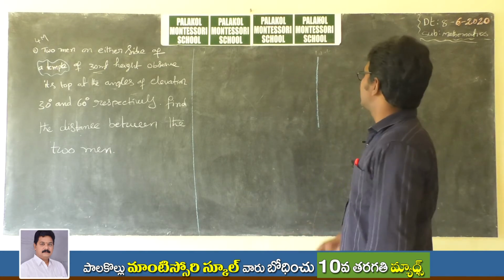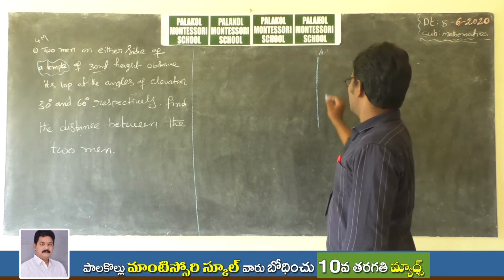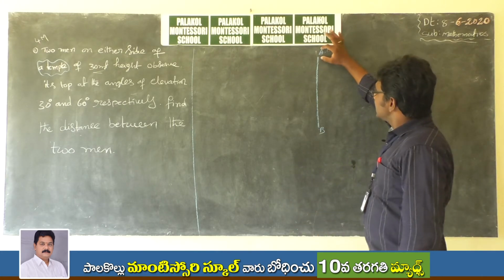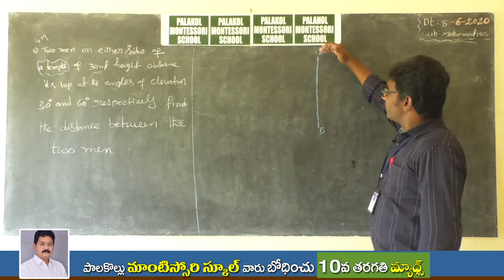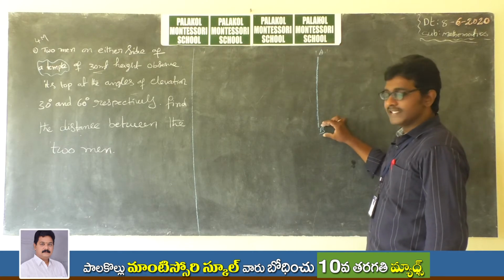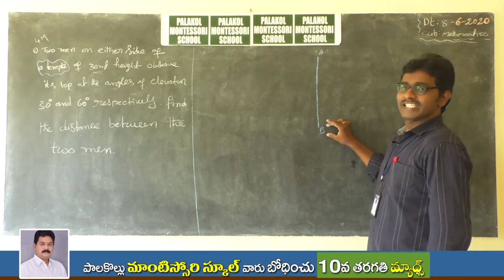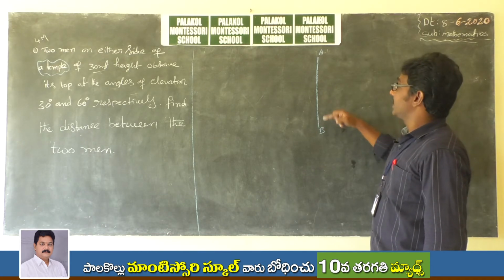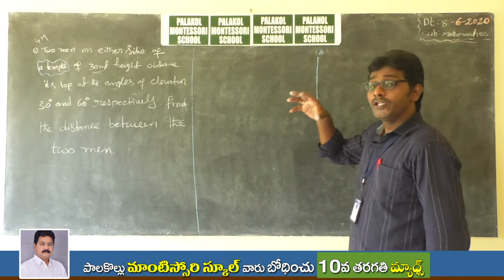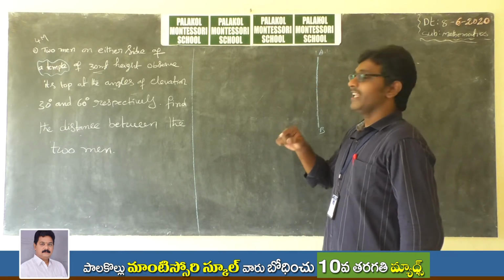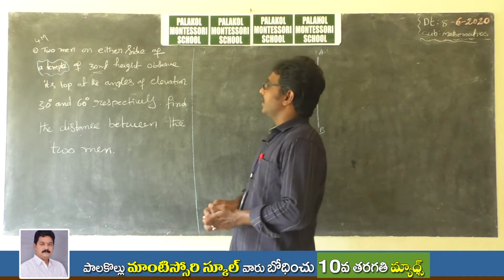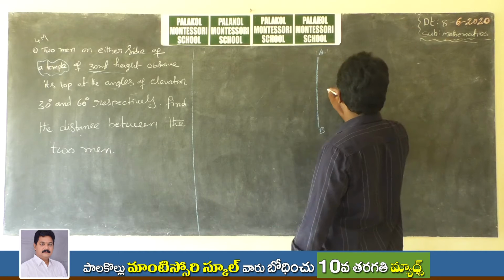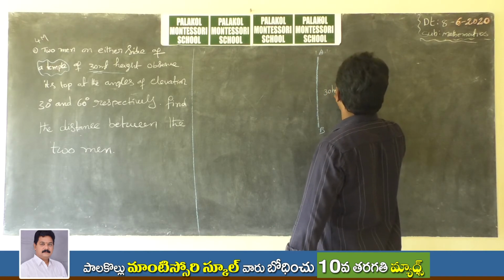This is named A, B. Guys, A is the top of the temple, B is the foot of the temple. Is it clear? AB is the height of the temple. It is clearly given that the temple height is 30 meters, so that represents 30 meters height.